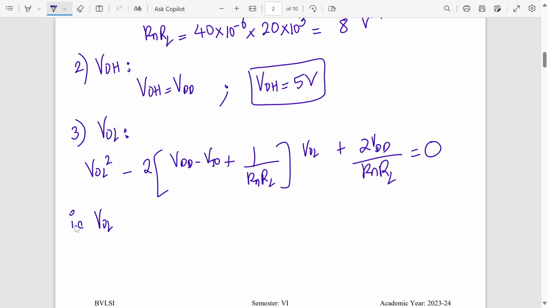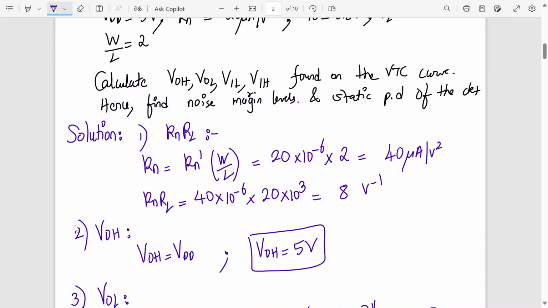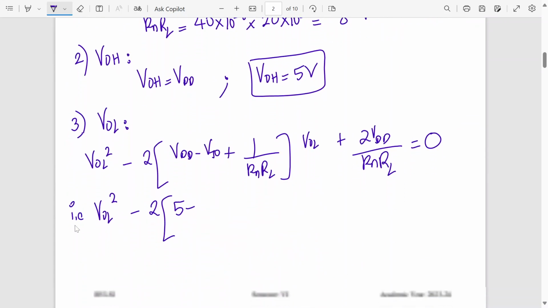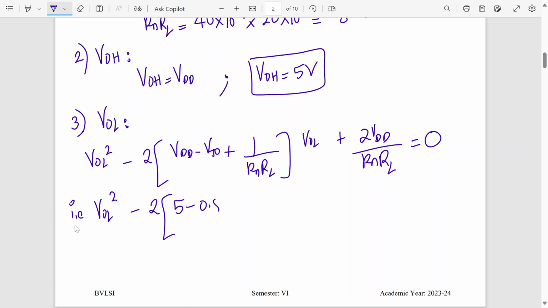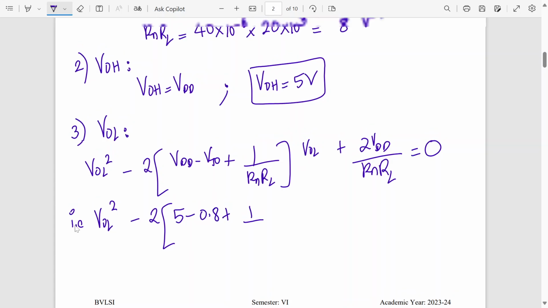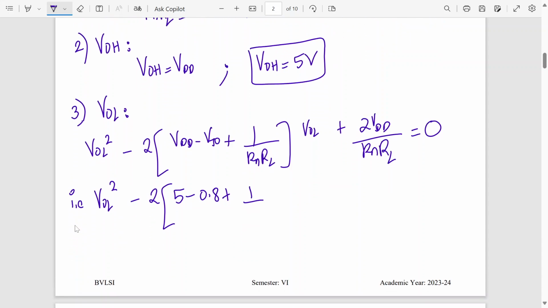So I calculate the unknown value of VOL. VOL squared minus twice, what is VDD? 5 volt. VTO is how much? 0.8. And Kn into RL is, as we just found out, 8, so 1 upon 8, into VOL plus 2 into 5 divided by 8 is equal to 0.